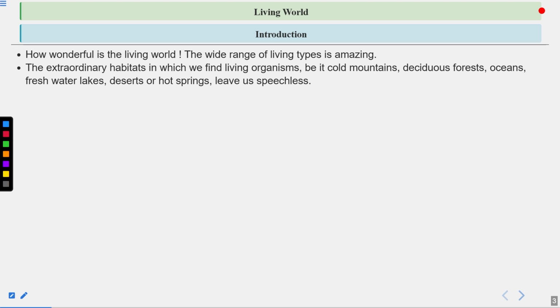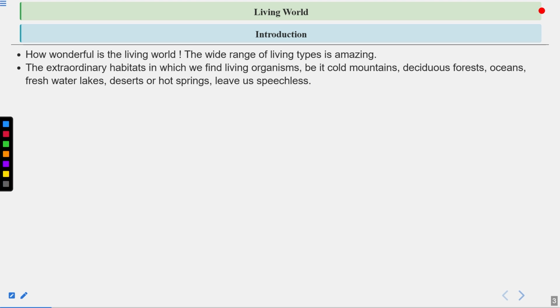Aquatic animals live in the oceans. In oceans, or any other aquatic system, you have the phytoplanktons, which are the producers. Then you have the zooplanktons, which feed on the phytoplanktons, and then you have the fishes and larger fishes. Then you have freshwater lakes and deserts.